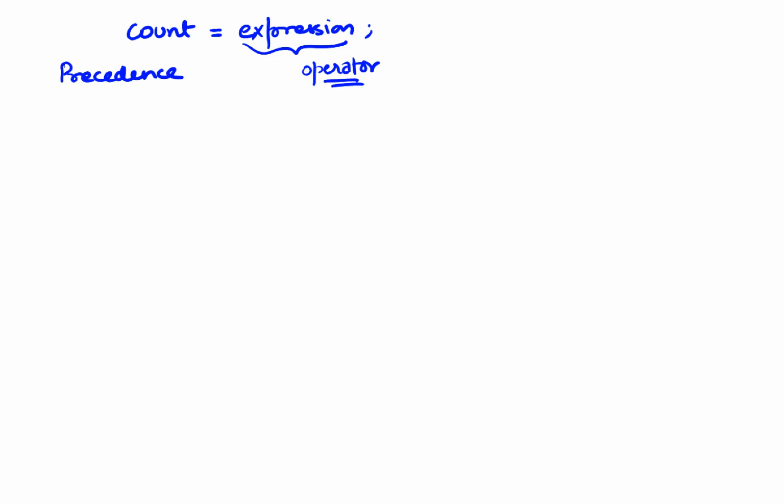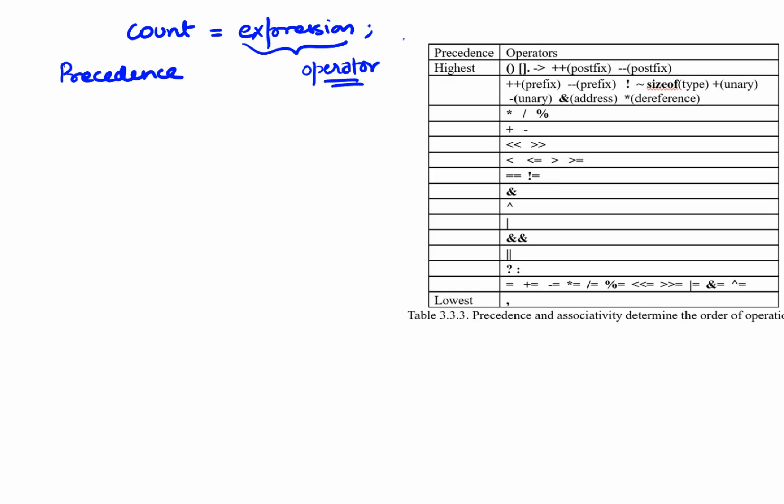So here's a table that will help us remember this. The table is telling us what the operations are, and it's telling us the precedence from the highest precedence to the lowest precedence. So let's take a simple example. This is a very common thing we do in GPIO, right?